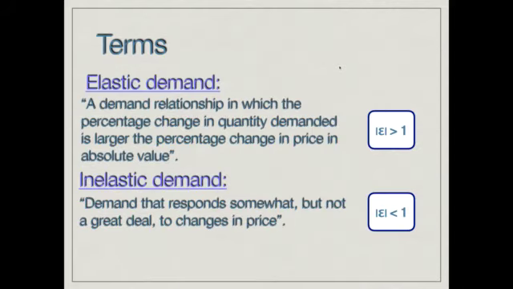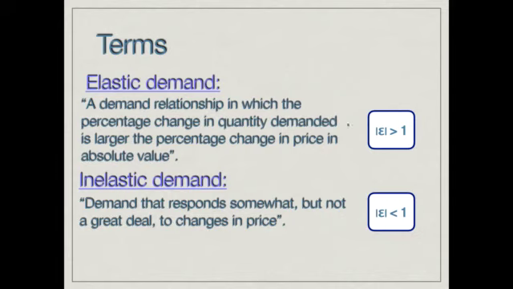A few other terms. You can also have elastic demand. So previously we talked about the two extreme ends, and here are two parts that are the intermediate parts of that spectrum of elasticity. An elastic demand is a demand relationship in which the percentage change in quantity demanded is larger than the percentage change in the price. For example, if you change the price by 10%, quantity demanded would change by greater than 10%, let's say 15%.